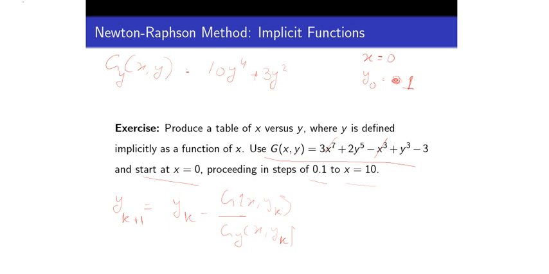So I can choose y naught equals 1. This implies g of 0 comma 1 is 0. What about g_y of 0 comma 1? It is 13. So y1 equals y naught, that is 1, minus g, that is 0, divided by 13, which equals 1.